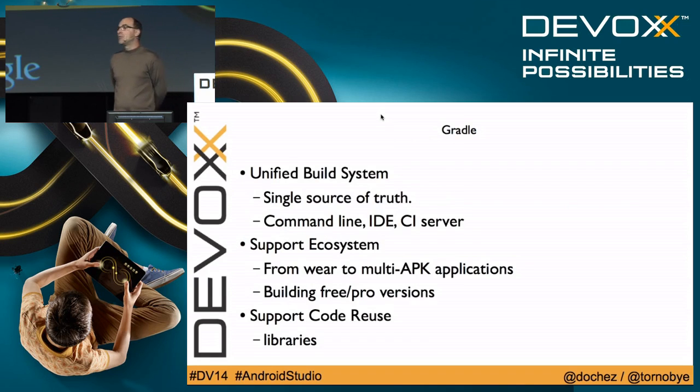All right, so the build system is based on Gradle. And one of the reasons why we decided to use Gradle to build applications was that we wanted a single source of truth.